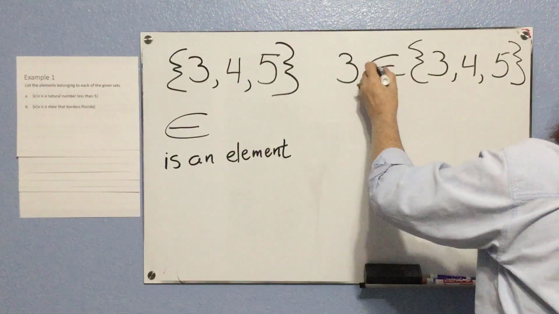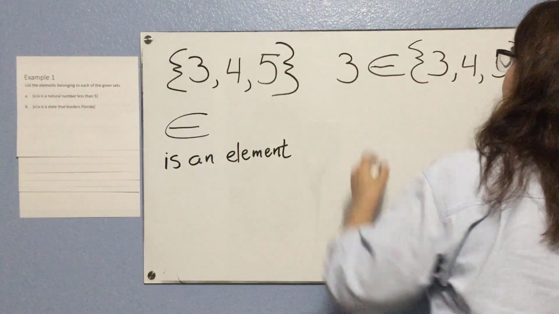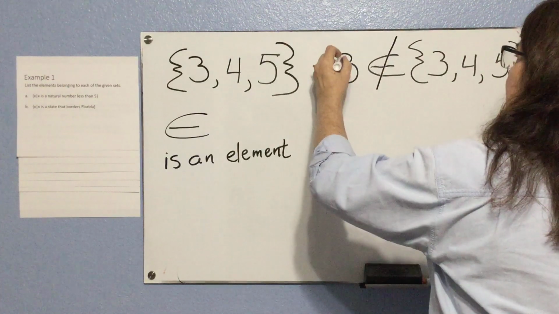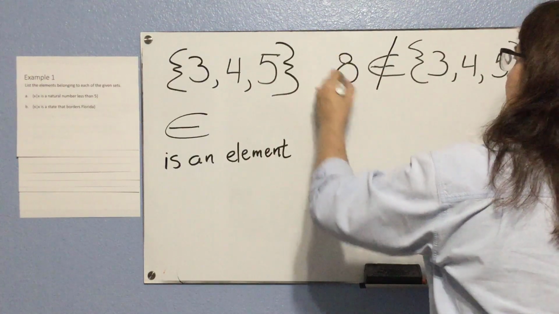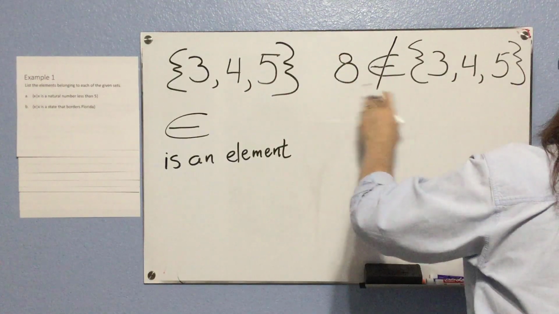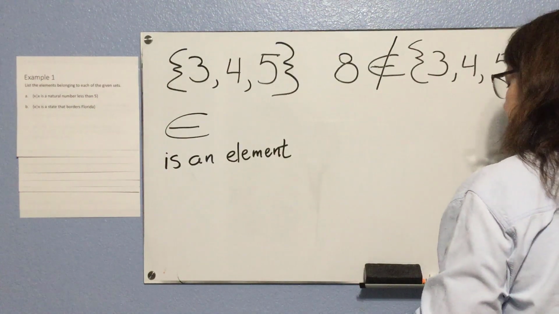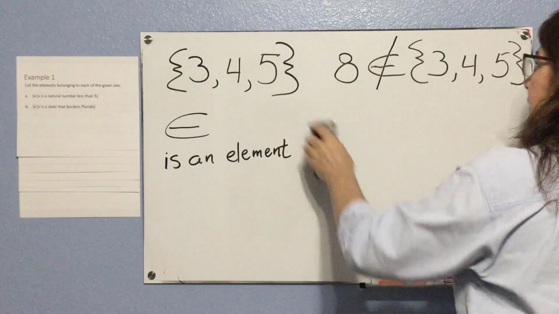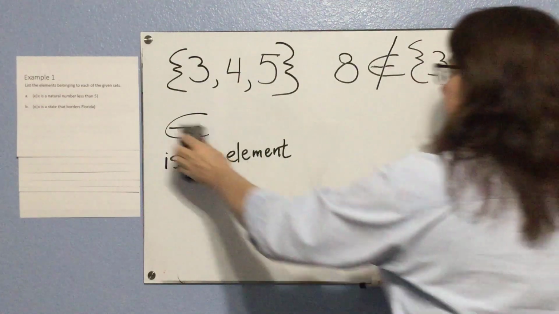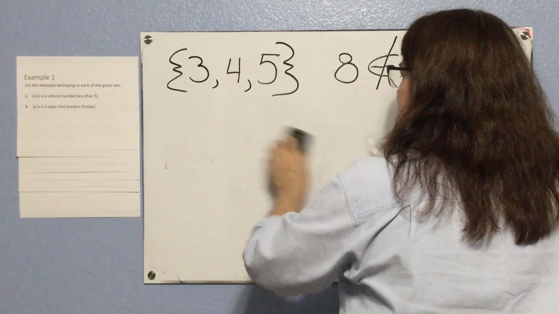And that means is an element. Now, of course, if I do this and change this, 8 is not an element of the set 3, 4, 5. So that's just one of the symbols that we'll be using with sets.